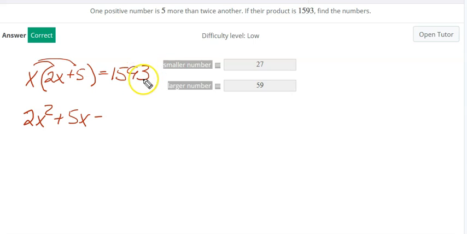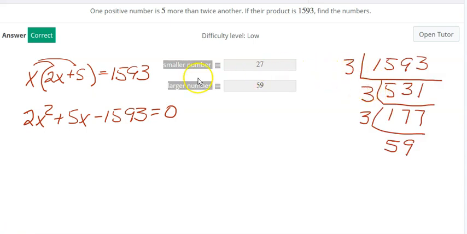Bring your term from the right over to the left by transposition, just change its sign. And once again, the strategy, when you go to factor this, there's no common factor, but you want to attack this. And if you recall the rule of 3's, if you add up your digits, this is a 6, and this is a 12.